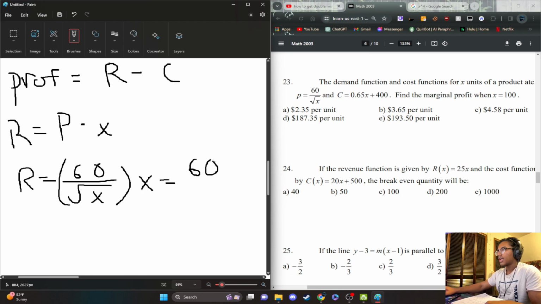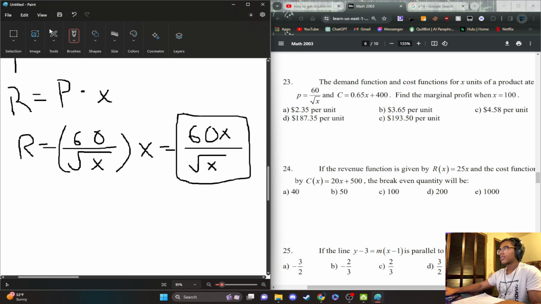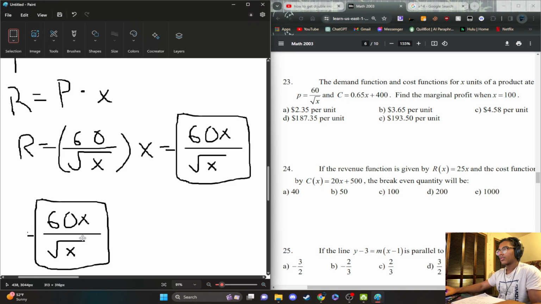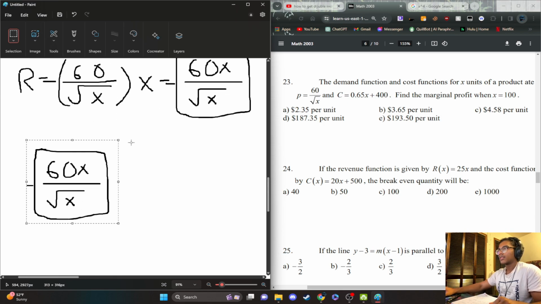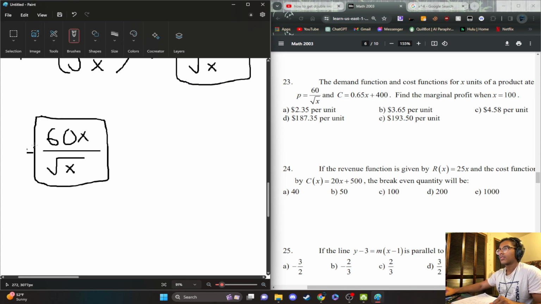So it's 60x over square root x. Now you take this value and subtract C.